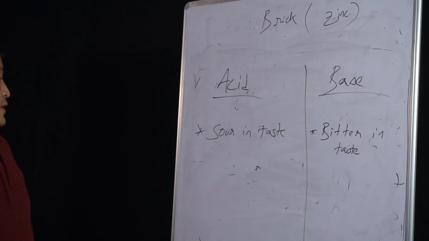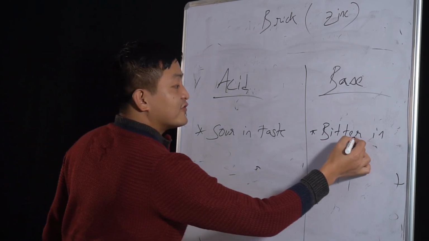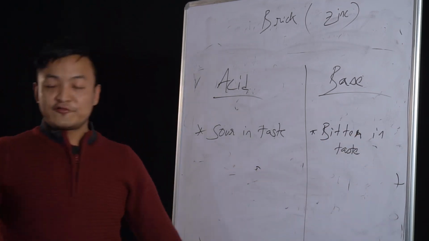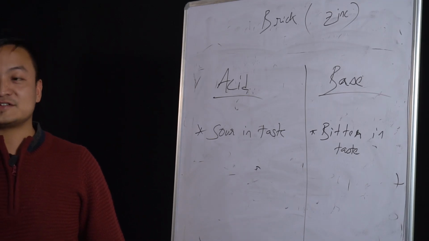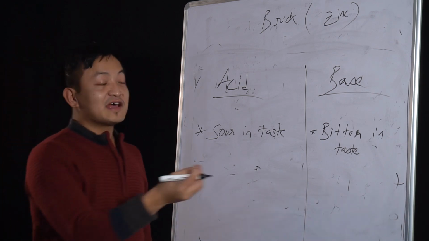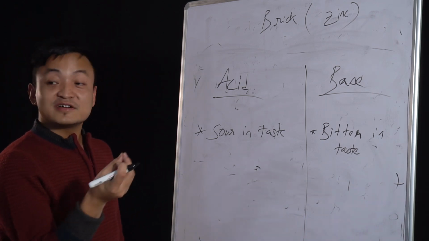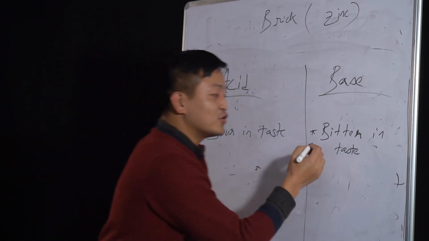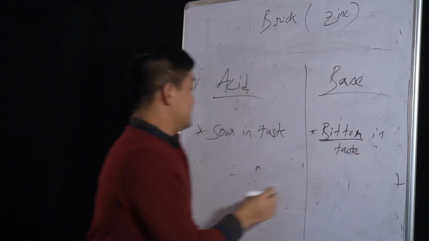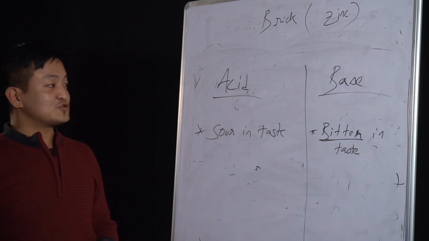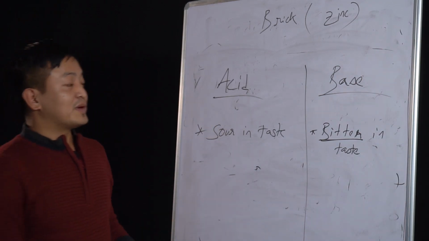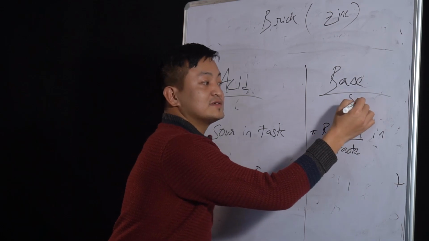Clear? Okay, have you ever tasted soap? No, and I'm sure you don't taste that at home, because soap is an example of base and they are bitter in taste. But please don't taste it. You can taste lemon, that's an example of acid, but soap, please don't taste it. Soap is an example of base.